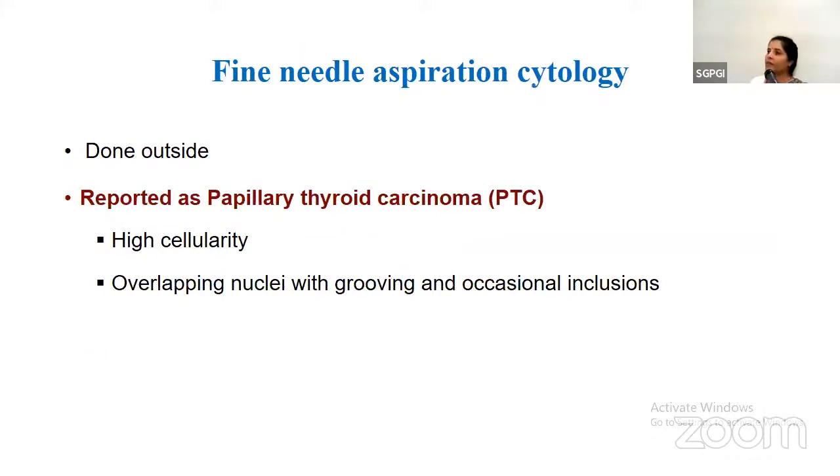Unfortunately, we didn't have the FNAC smears of this patient because she underwent FNAC outside, and it was reported as papillary thyroid carcinoma. The features on which this diagnosis was given were high cellularity, presence of papillary fragments with nuclear grooving and occasional inclusions.